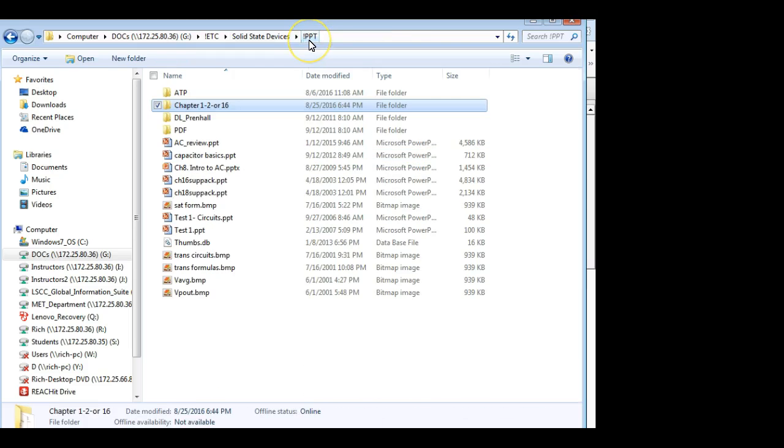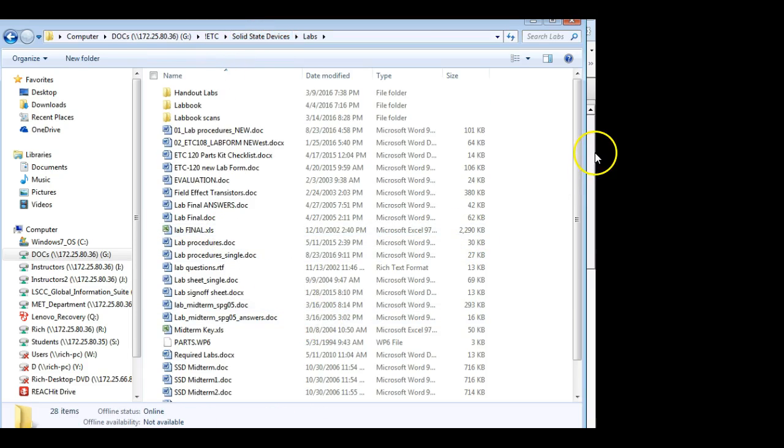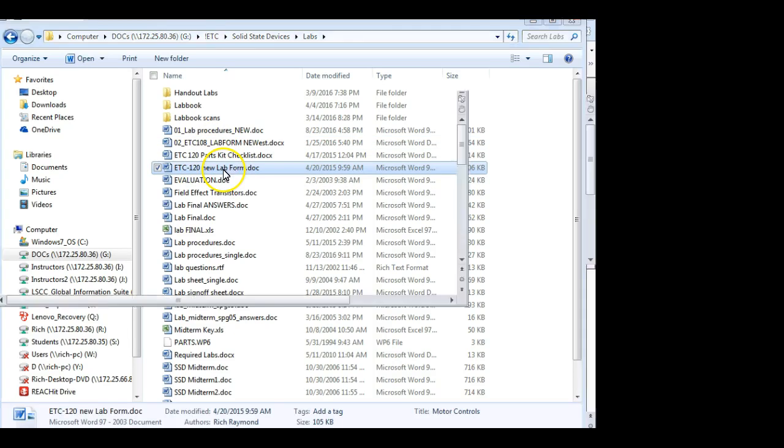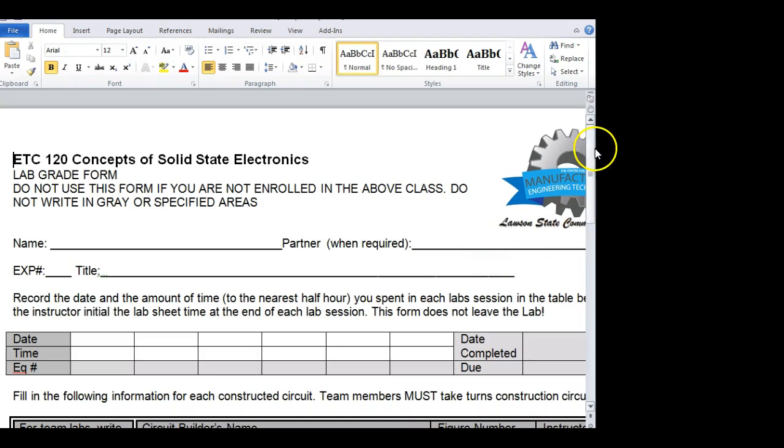So y'all need to figure out who y'all are going to partner up with. Now, here's the lab form. So I'll run them off for y'all tonight.